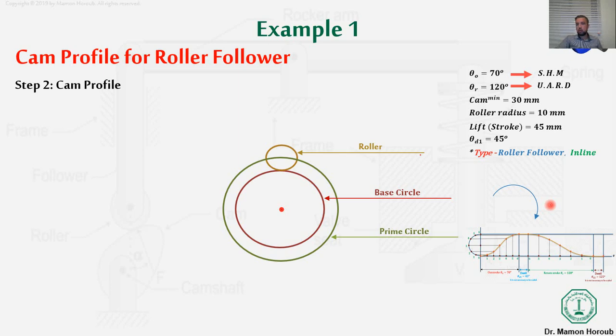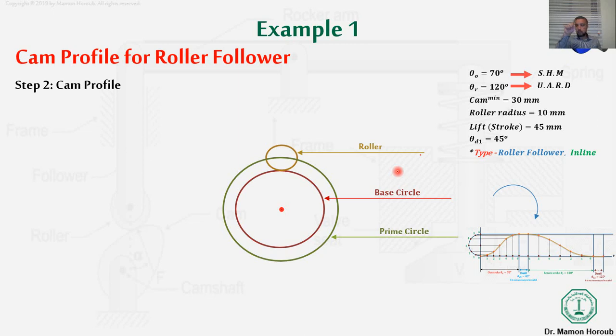After that, we are assuming that the cam is rotating clockwise. It's up to you, clockwise or counterclockwise, but in this example we'll assume it's clockwise because it's not mentioned in the example. If it's mentioned, we need to follow that. If it's not mentioned, you can choose whatever you want. If the cam rotates clockwise, that means we imagine the follower moves vice versa, which is counterclockwise.